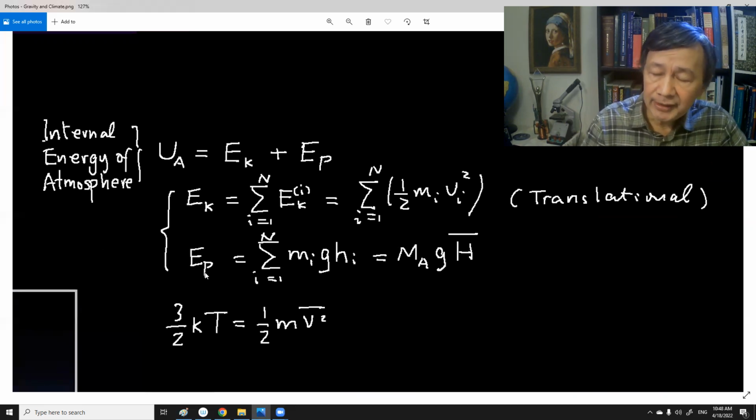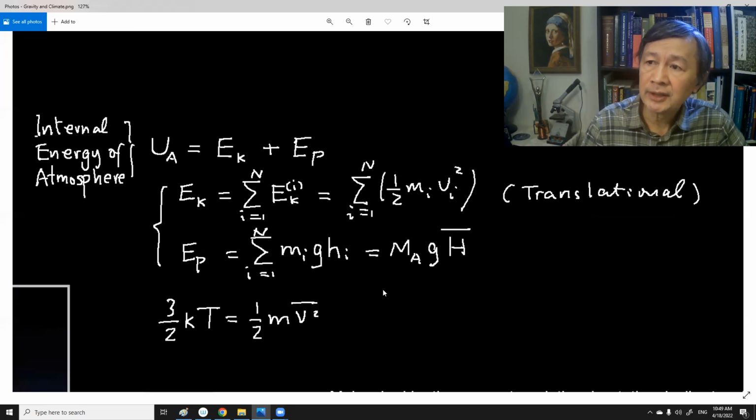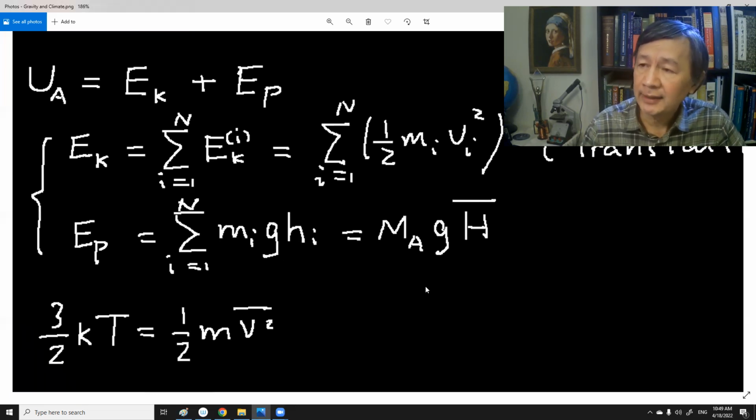The potential energy can be counted one by one, depending on how many air particles are in the atmosphere. Alternatively, you can introduce the total or the equivalent mass of the atmosphere and the mean value of the height to represent that potential energy of gravitation.